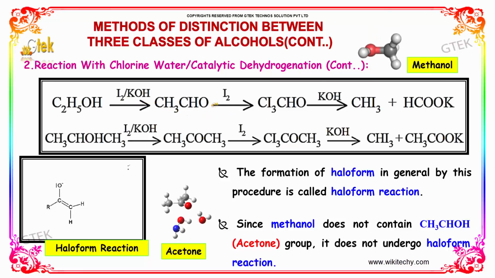On further iodination, we obtain a triiodo carbonyl compound, and addition of KOH results in the formation of CHI3, which is known as haloform, and HCOOK. Similarly, on addition of I2 and KOH for an increased number of carbon atoms, we obtain the same result, haloform, and a bigger product, CH3COOK.